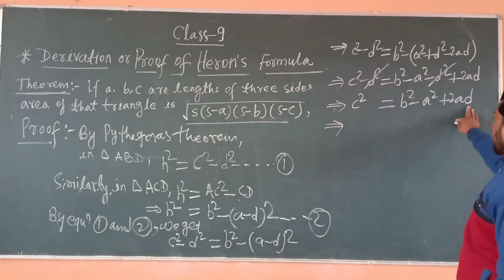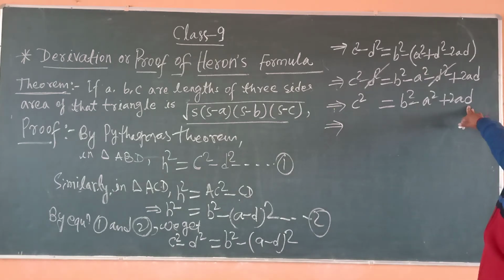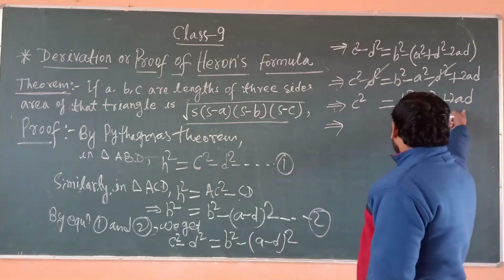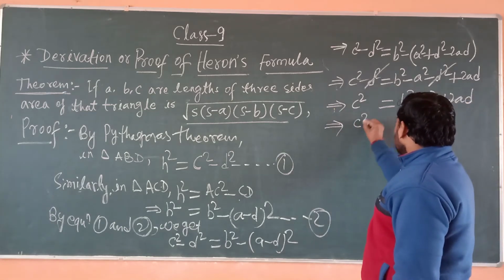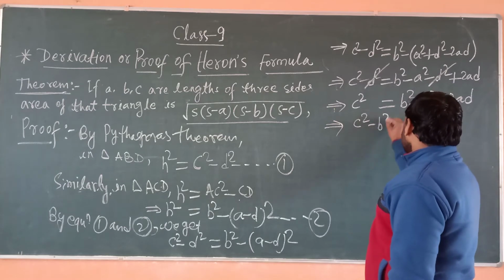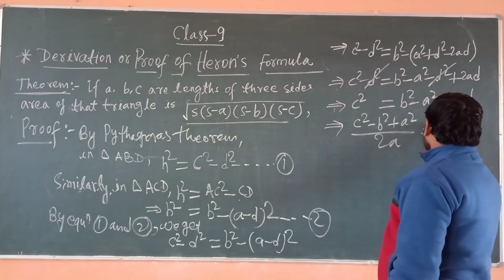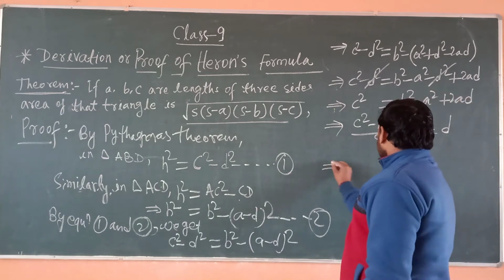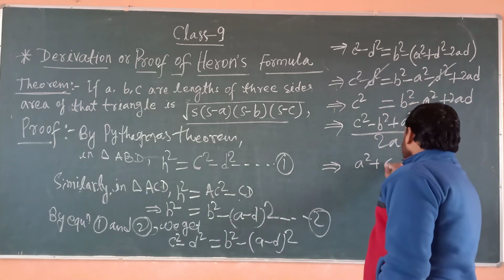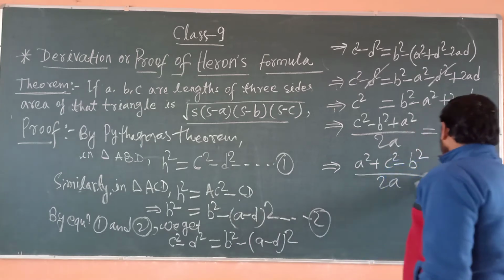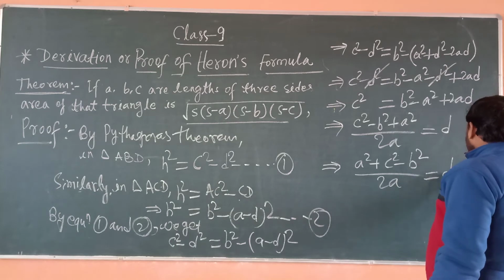From here we have to find the value of d, because d is another length other than a, b, c. So the value of d is (c square minus b square plus a square) upon 2a is equal to d. That is, (a square plus c square minus b square) upon 2a is equal to d.